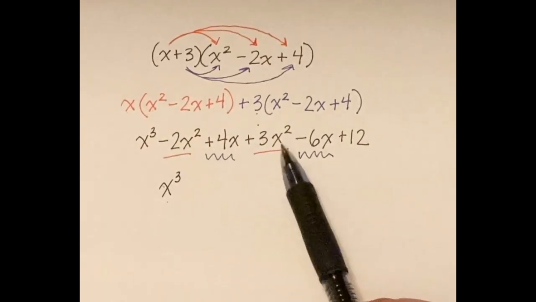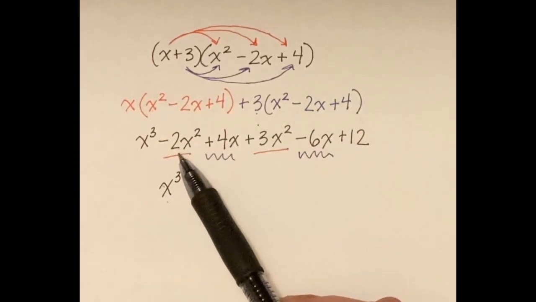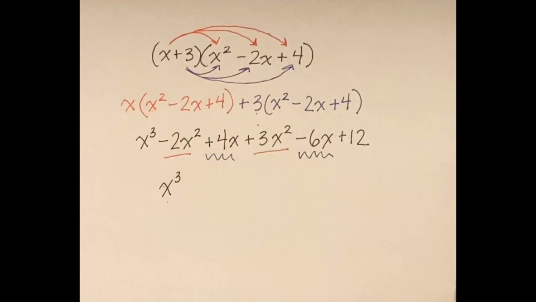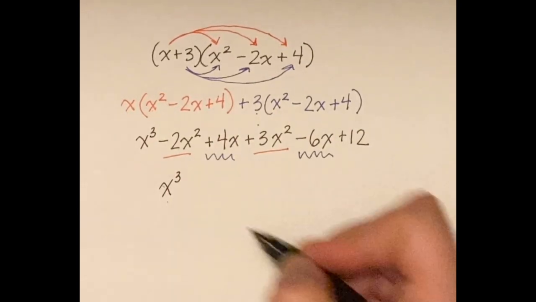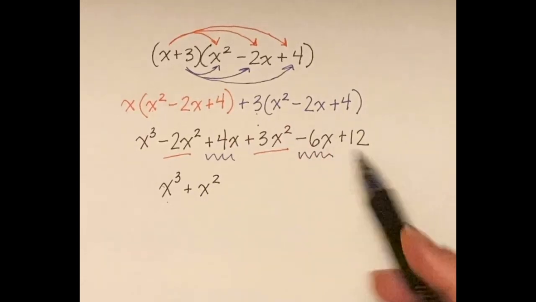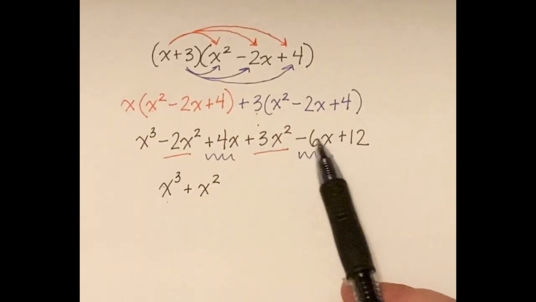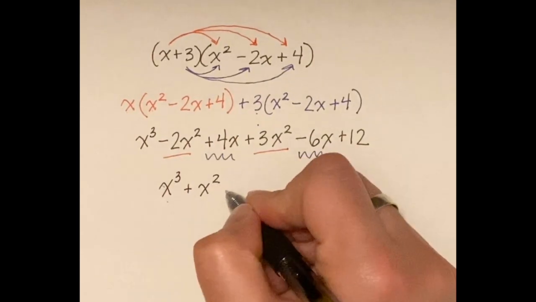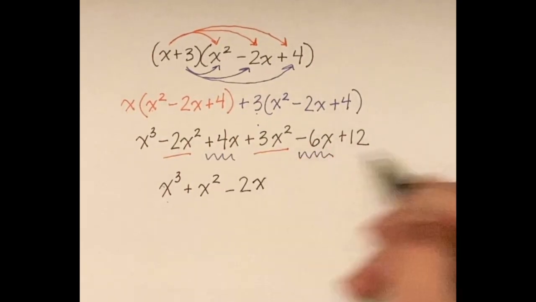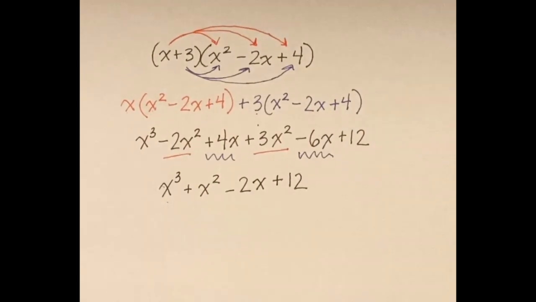All right, squared would be next then, and we can combine these. Negative 2x squared plus a positive 3x squared. Negative 2 plus 3 is a 1x squared. All right, we've got our plain old x's next. So 4x minus 6x would be a negative 2x, and then our plain old constant is 12.